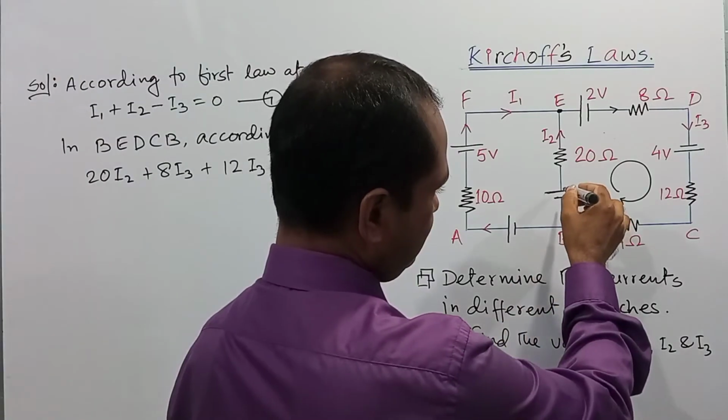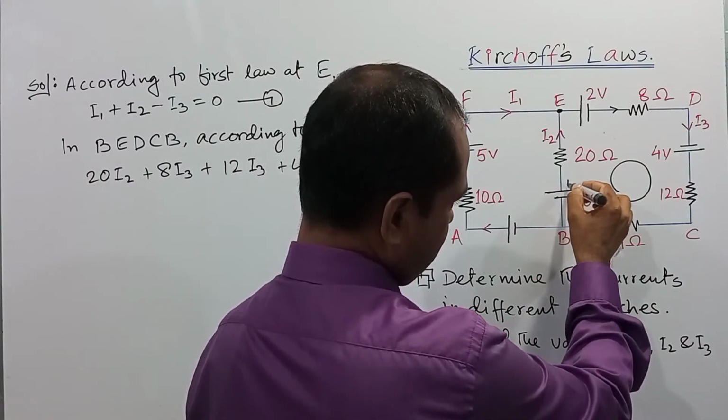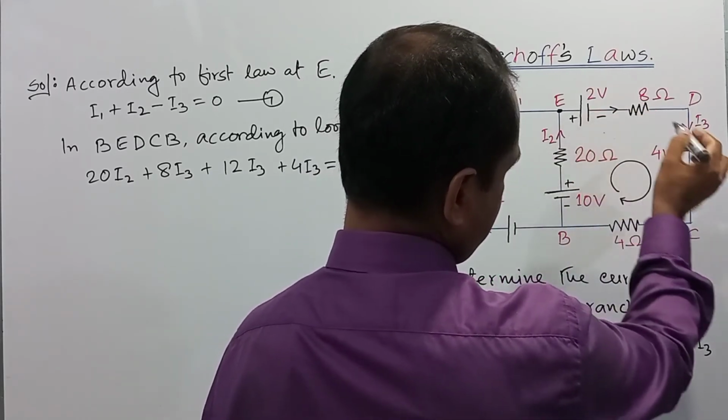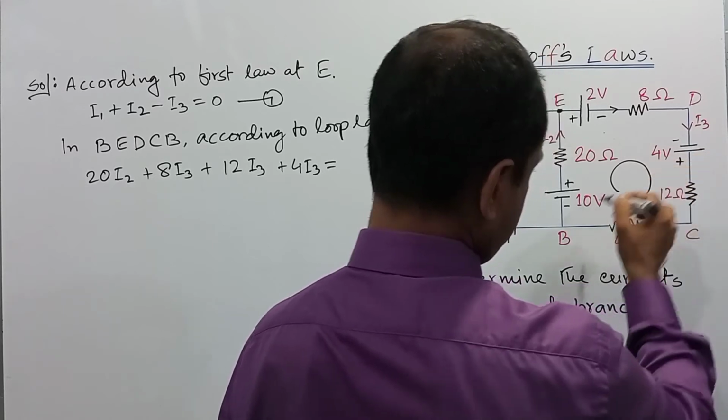So dear student, here one end is positive and the other is negative for each cell.